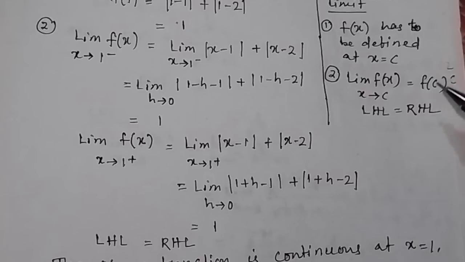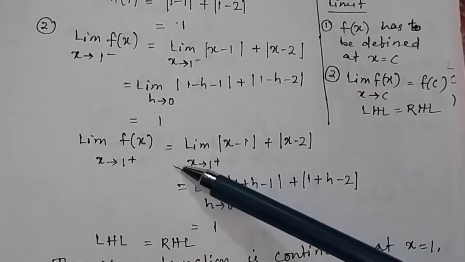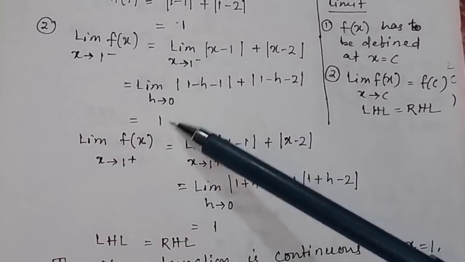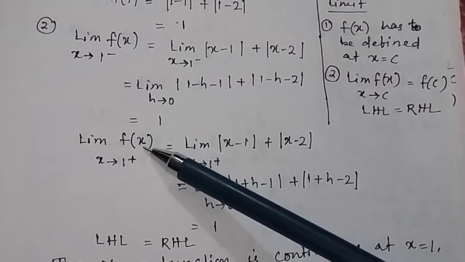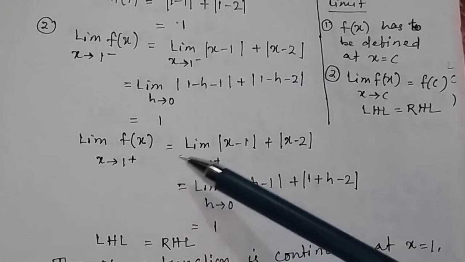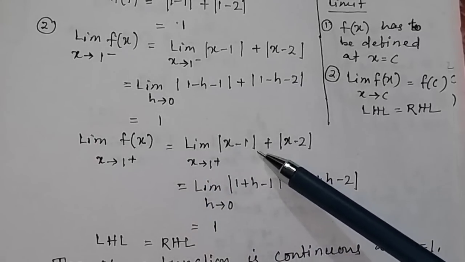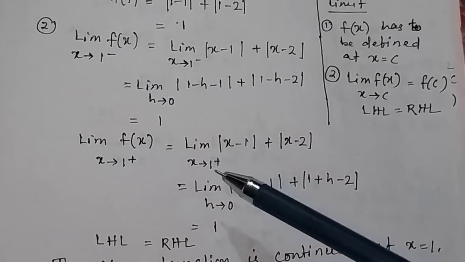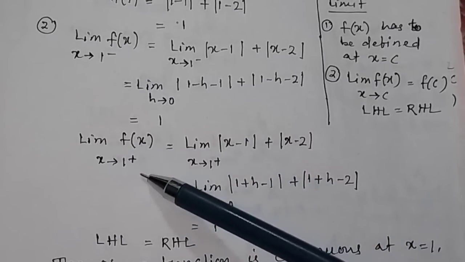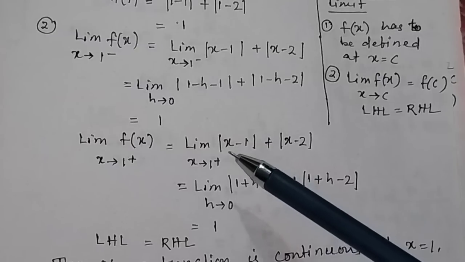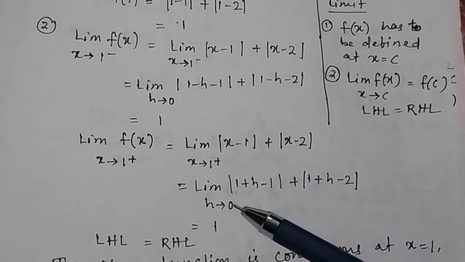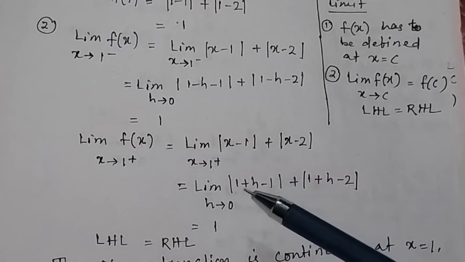Now we will check the continuity of the function at x = 1 plus, or the right hand limit. This is your left hand limit and this is your right hand limit. So the limit of f(x) as x approaches 1 plus, the given function is |x - 1| + |x - 2|, and x approaches 1 plus. Since the value of x is slightly greater than 1, we can substitute the value of x as 1 + h. H is a very small value, approaches 0.